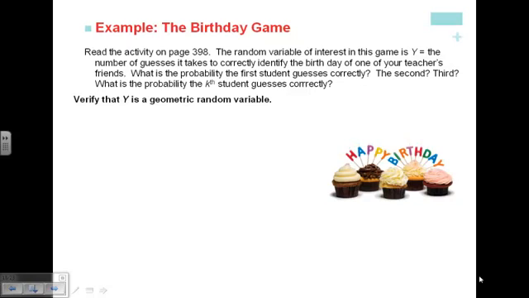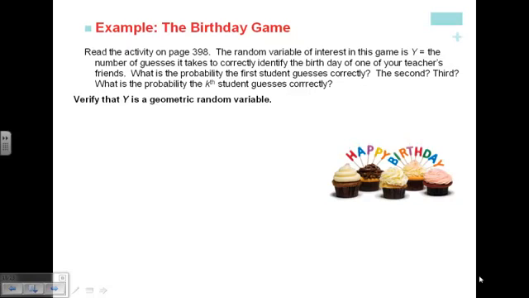What about the second trial? 1 out of 364. And the third trial? 1 out of 363. Is this a geometric situation, as we just described it? No, because the probability of success changes. Okay, that's the S in BITS, right? S was the probability of success has to be equal. This fails the geometric situation.